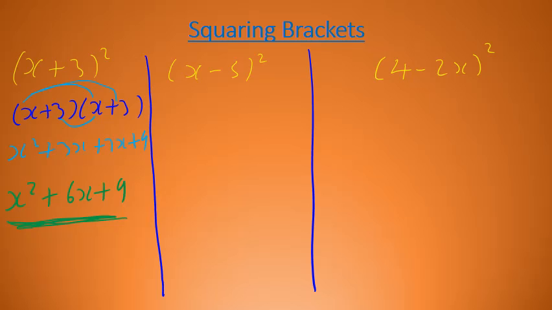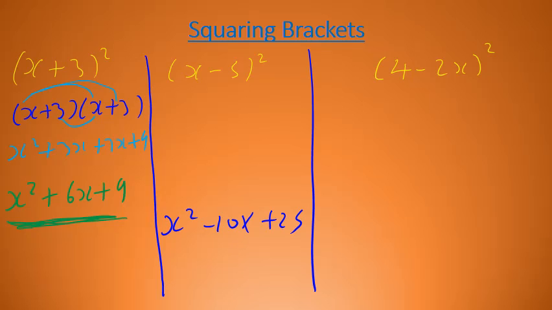If I do that in the second one, you'll find that it's very easy to get the answer. If I take x and I square it, I get x squared. If I take the negative 5 and I square it, I get plus 25. If I multiply the x and the 5 together, I get negative 5x. And if I double it, I get negative 10x.